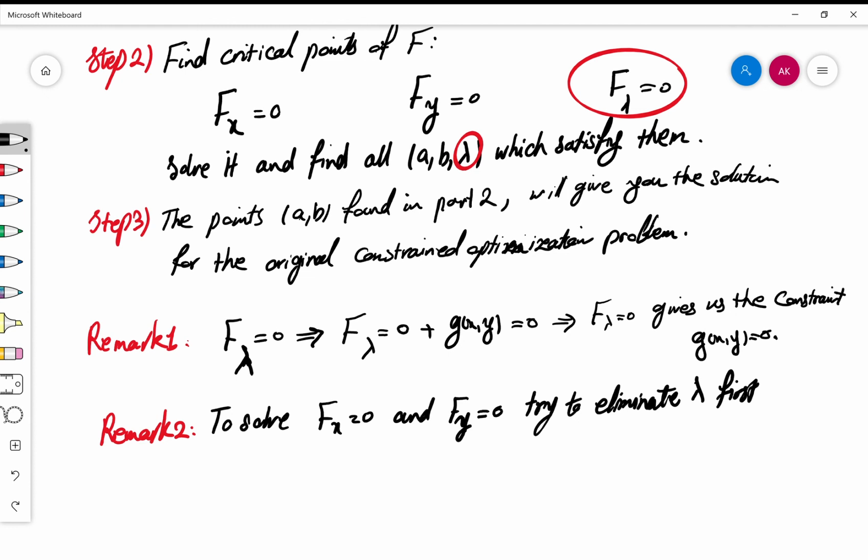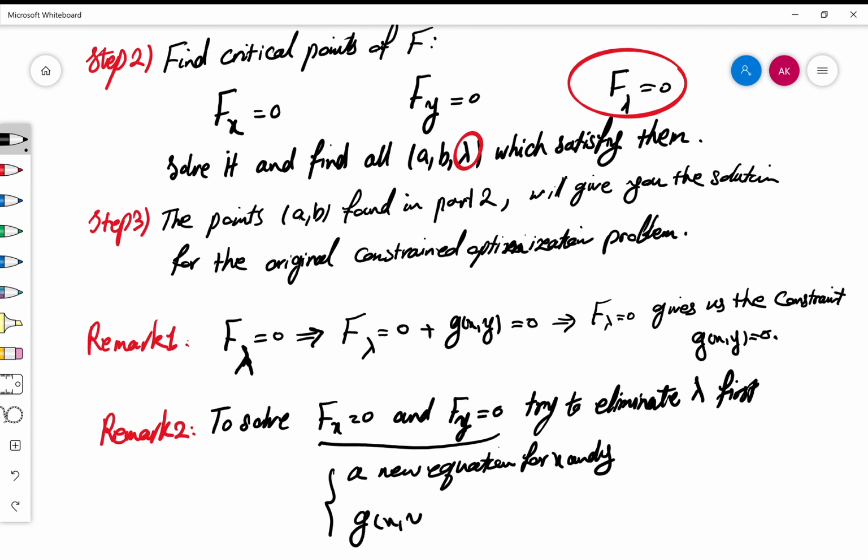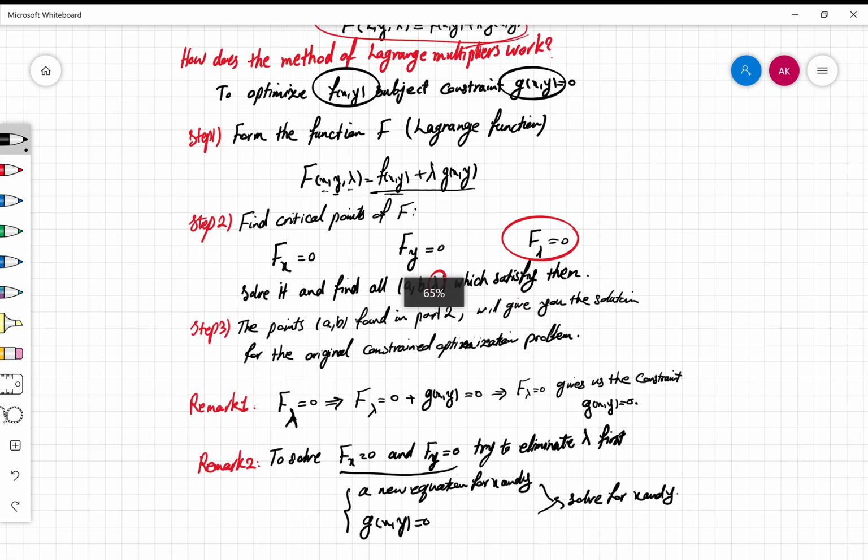Use those two to eliminate lambda, so you will have a new equation for only x and y. Then you put in the third equation, which is the constraint itself, and solve for x and y. This is what you basically need to do.